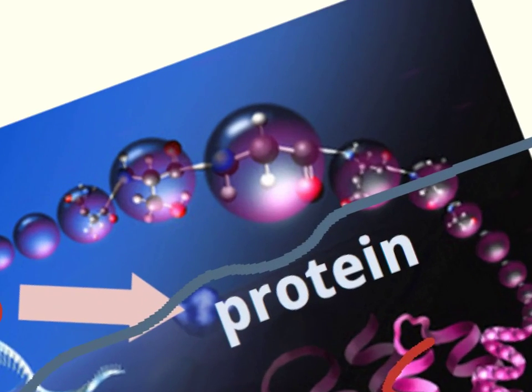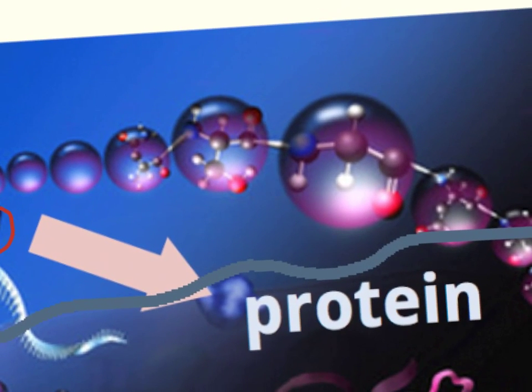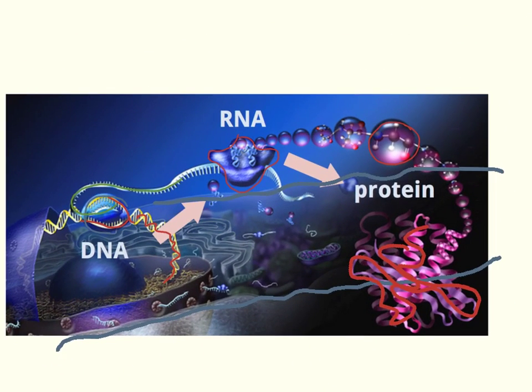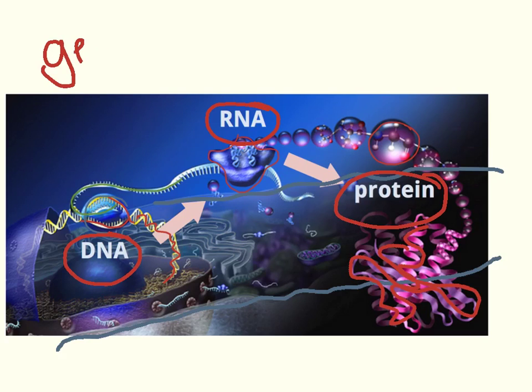And if we were to zoom in on the protein, we'd see the small amino acids that make up this molecule. So overall inside this picture, we're seeing this transition. Again, code in the DNA being copied into RNA and then being read in order to make proteins. And this is what's going on inside our cells in order to get from our genes to our traits.